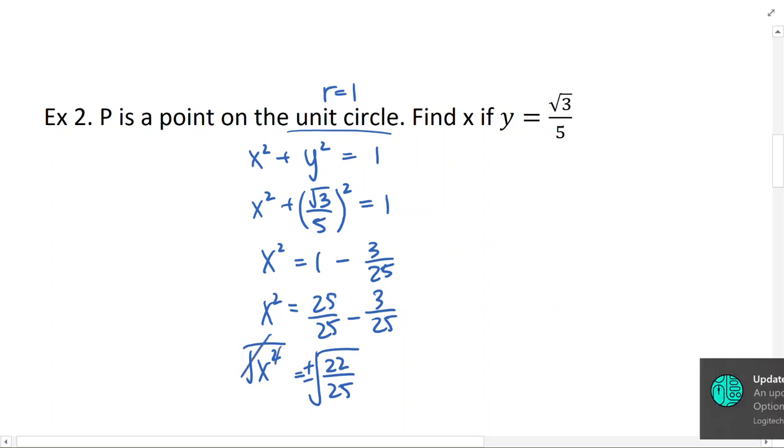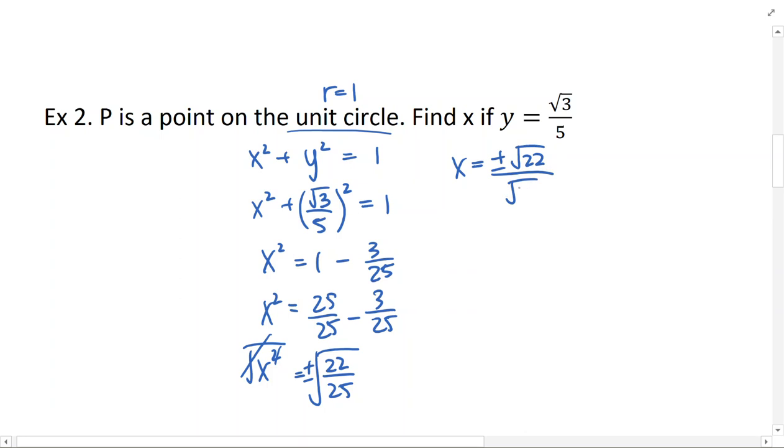So we have x equals plus minus. Now we can split this up to root 22 over root 25. The root 25 can be simplified down to just 5. And here we are, 2 options there.